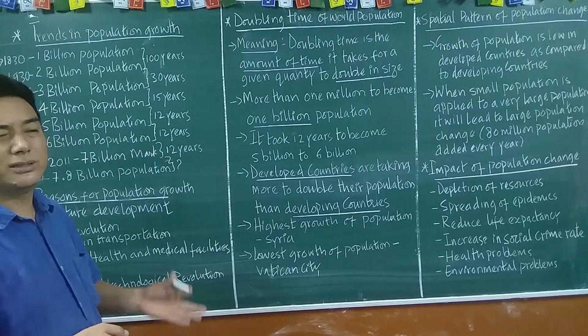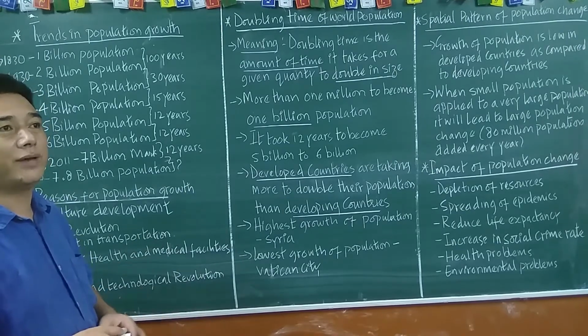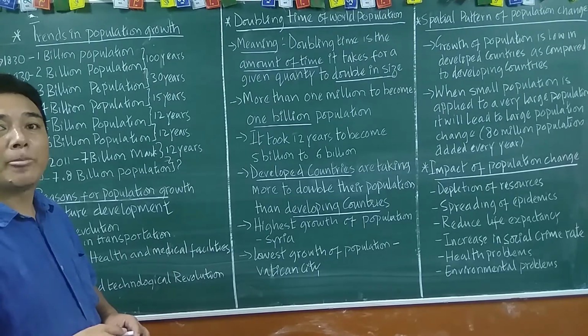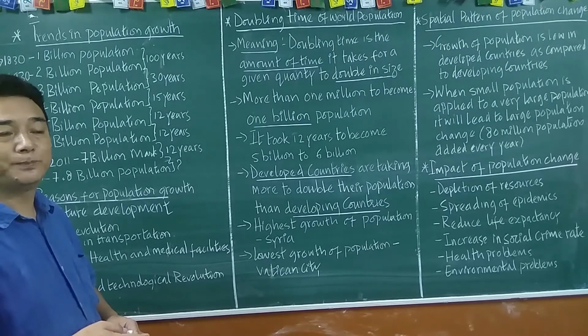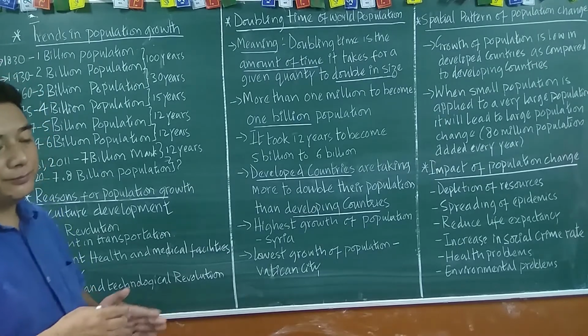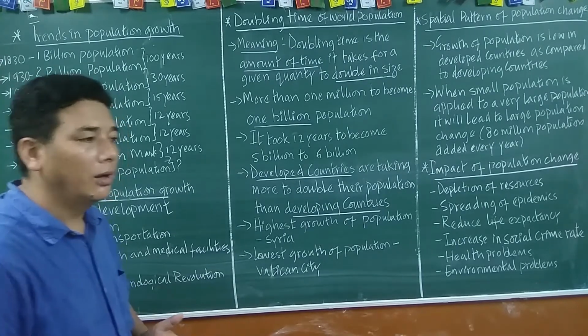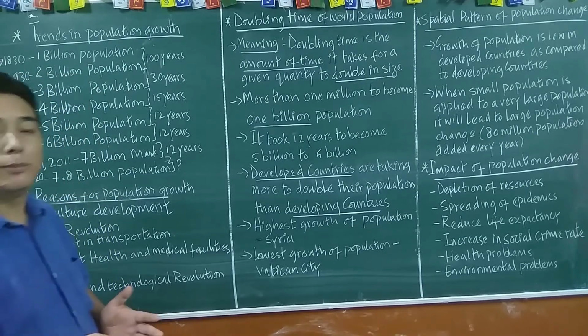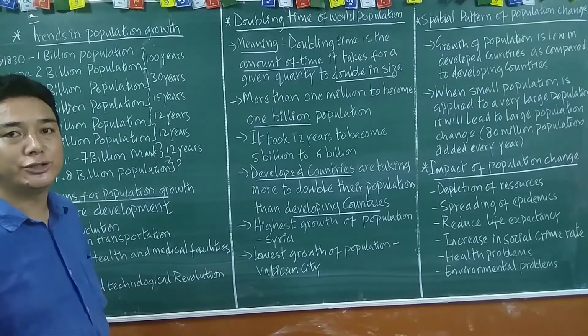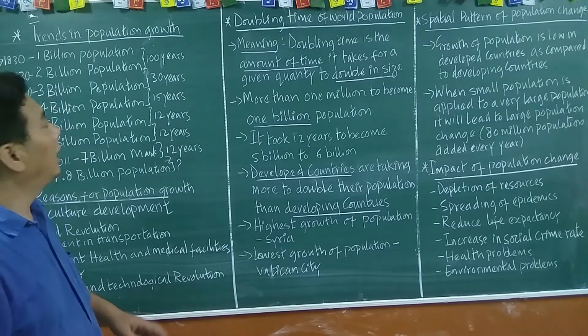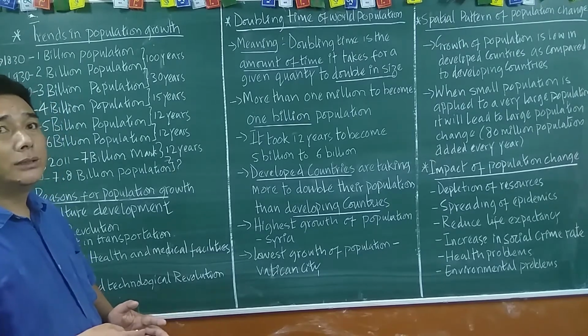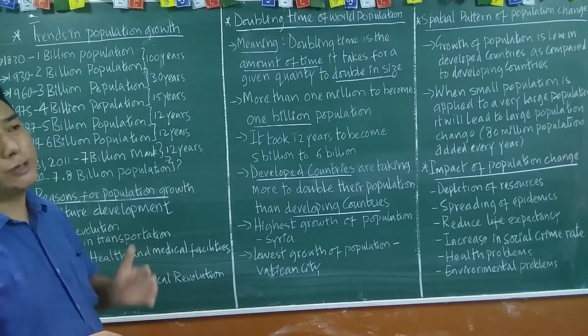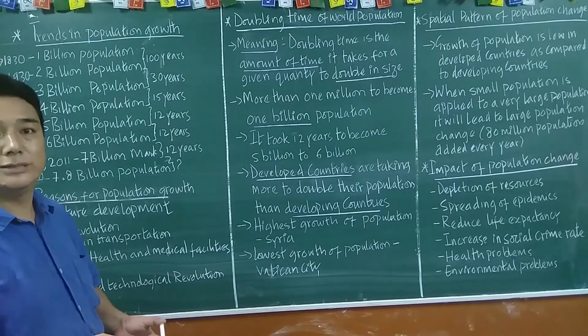There are three main factors: geographical factor, economic factor, and the social cultural factor. After that, we have gone with the topic that is components of population change. What led to the population change? In the population change, the main components are birth rate and death rate.